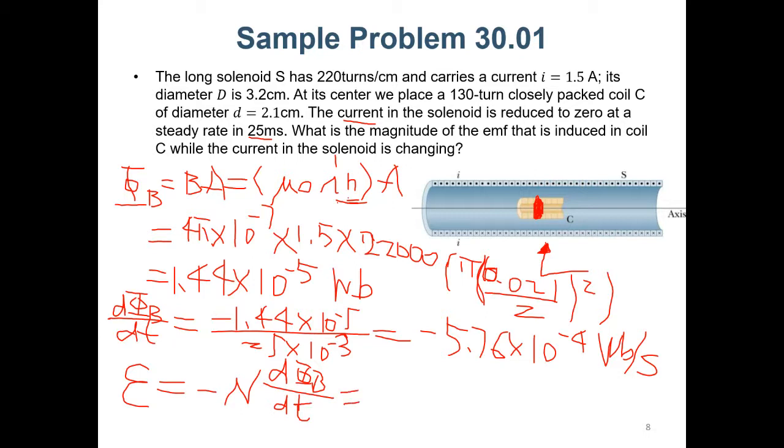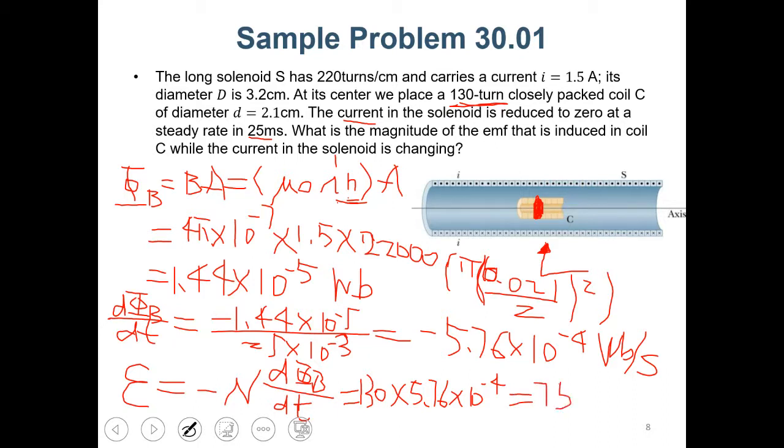So it should be 130 turns, 130 times 5.76 times 10 to the minus 4. It has a negative sign and we have 2 negative signs, so it is positive. So the final answer is 75 millivolt.